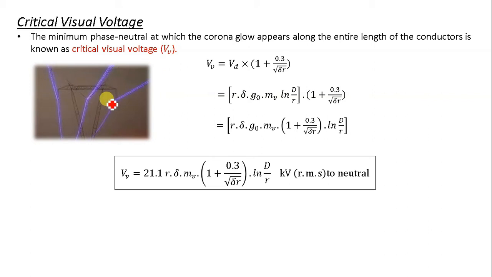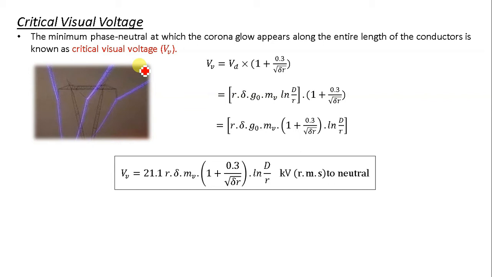It is important to note that at the disruptive voltage, corona is going to form, and a faint glow may or may not appear. But if we increase the voltage more, the voltage will be the critical visual voltage, and at that time a flashover occurs all along the length of the conductor.